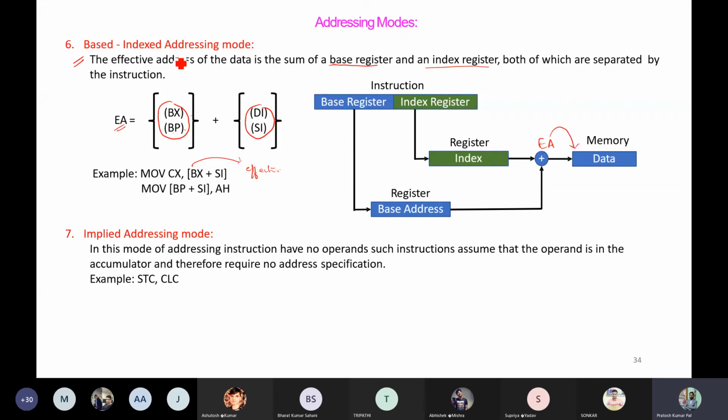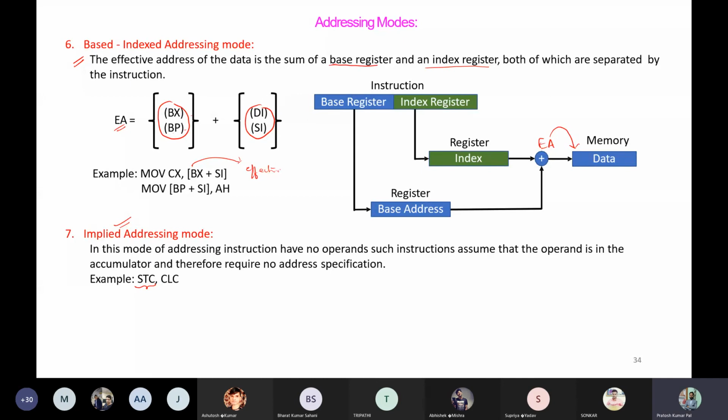The next one is implied addressing mode. We have seen this in the 8085 also. In the implied addressing mode, the instruction is sufficient to find out what the operand is. There is no need to give an operand to these types of instructions.